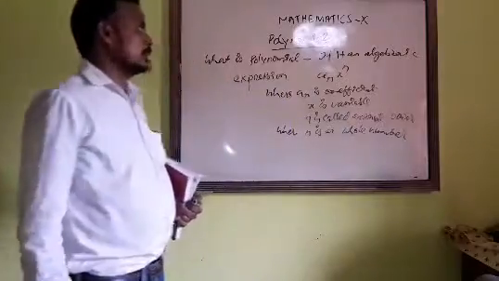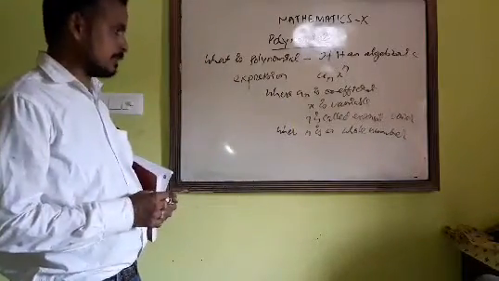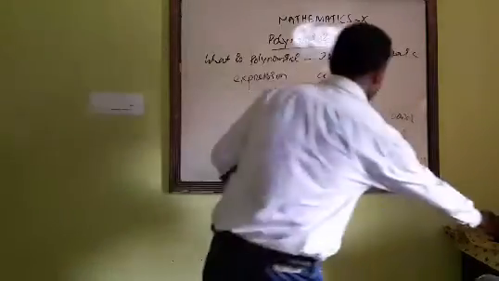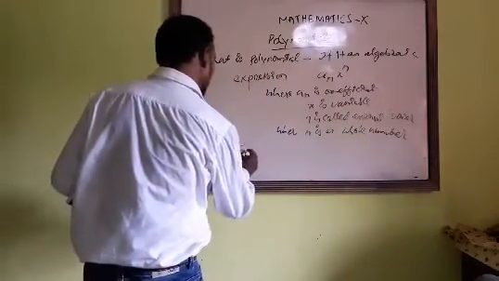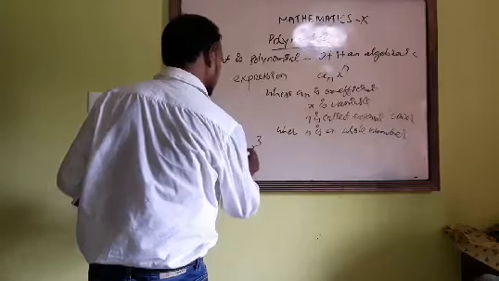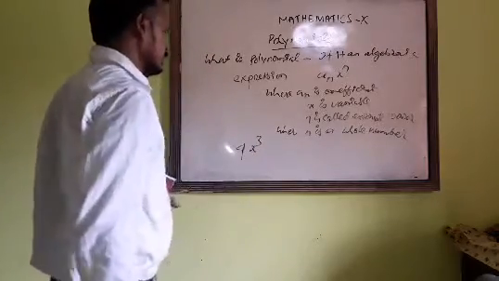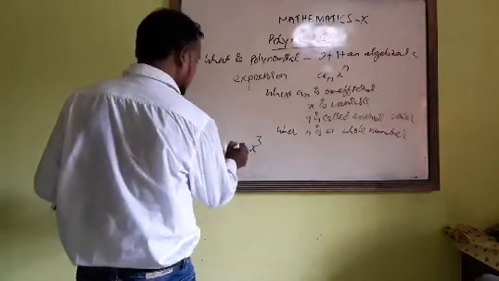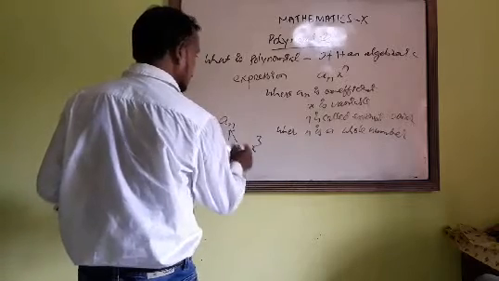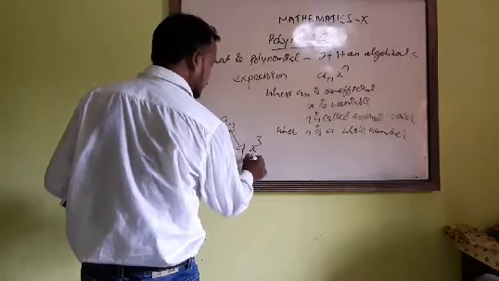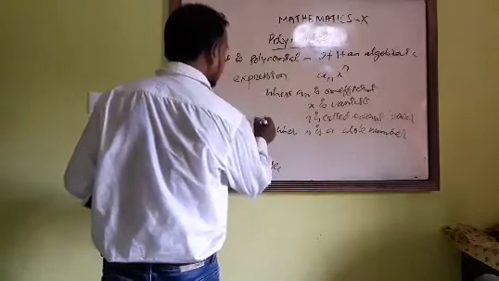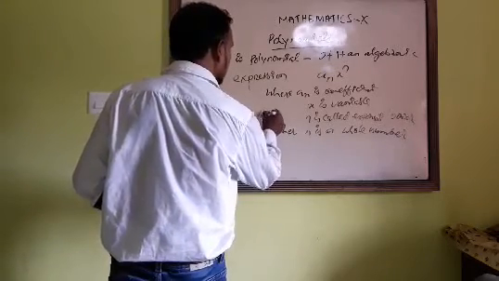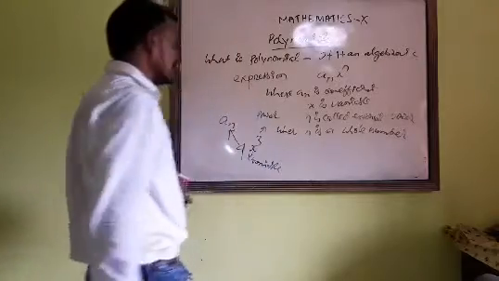Okay. So let us take some examples. Suppose I have written 4x to the power 3. So here 4 is coefficient, this is a_n, and x is variable, and 3 is called power or exponent.